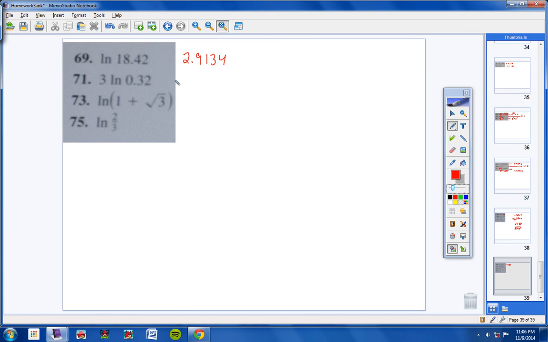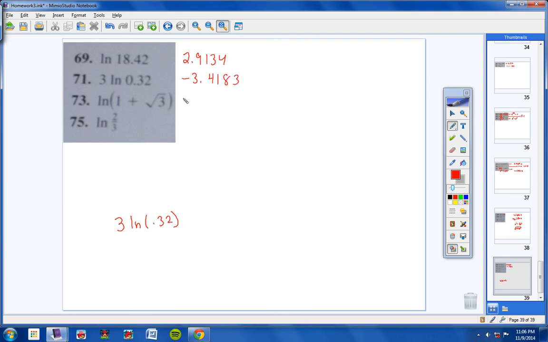Okay. This one here, you can type into your calculator, just hit 3, then hit natural log, and then type 0.32 and close the parentheses. Okay, and you'll get the right answer. You will get negative 3.4183.